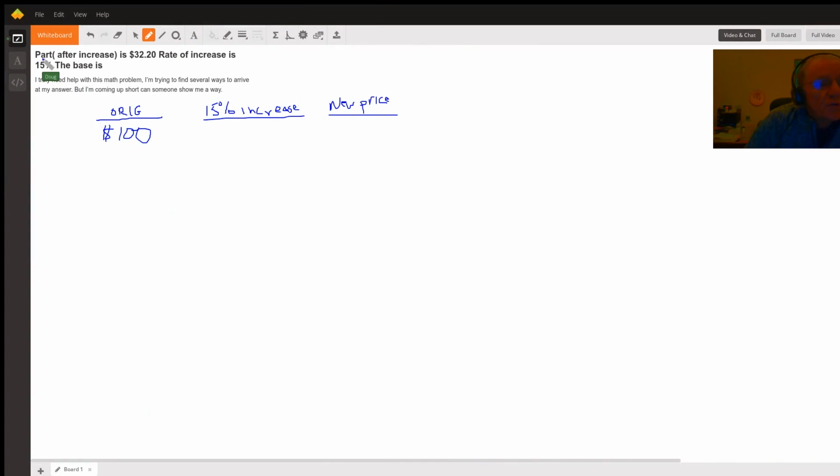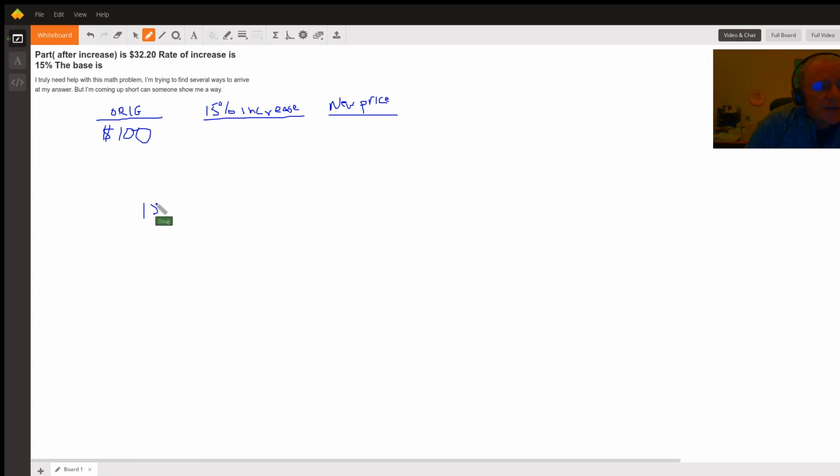Before we start solving this problem, let's just make sure we understand what it means to have a 15% increase in something. Let's pretend that we have some kind of part that originally cost $100. It's got a 15% increase. How would we calculate the new price? Well, we'd figure out the amount of increase by taking 15% of 100.